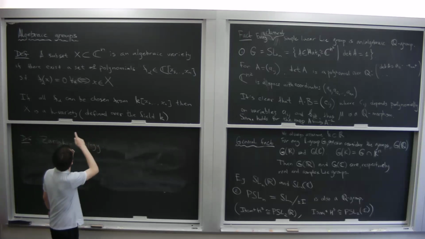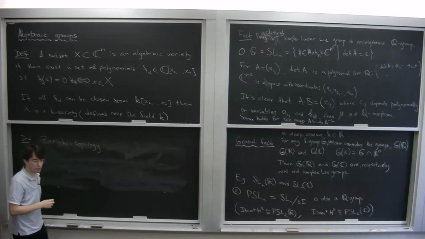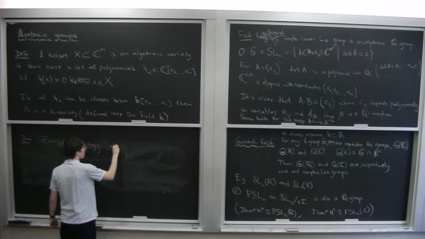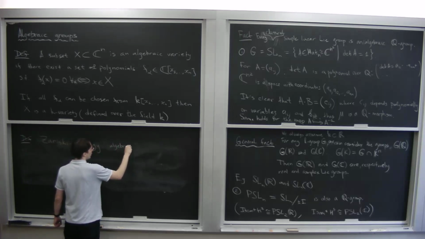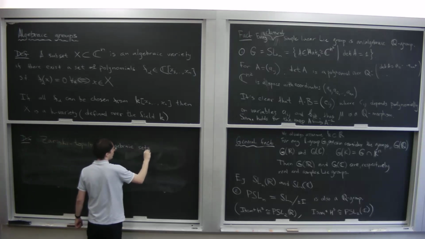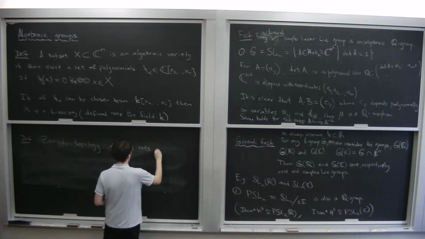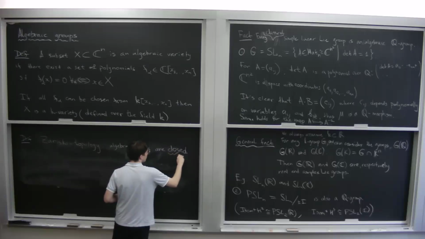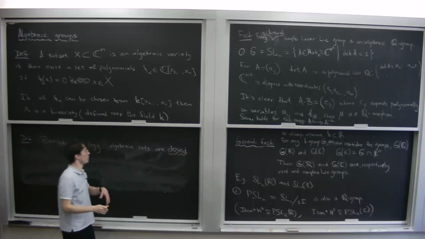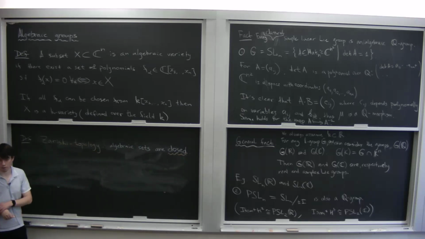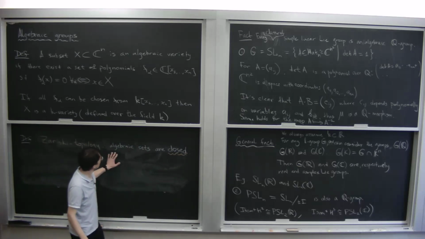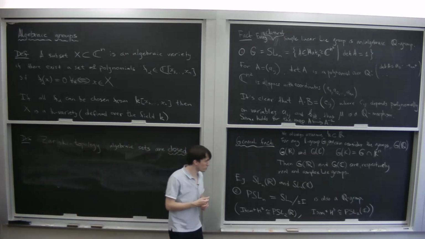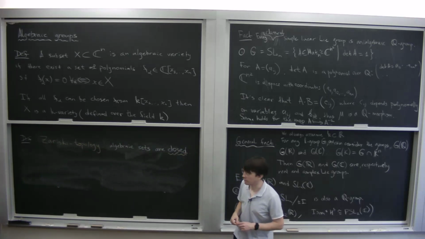Closed sets are precisely the algebraic sets: algebraic sets are said to be closed. So their complements are open sets. This is enough to define a topology. And this topology is quite different from what we have in the usual case.